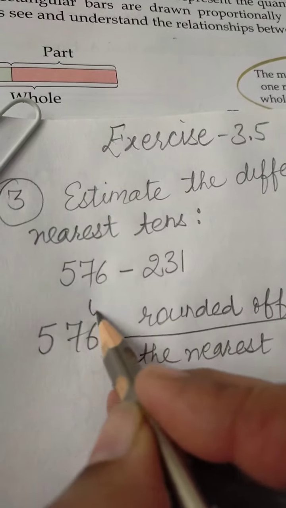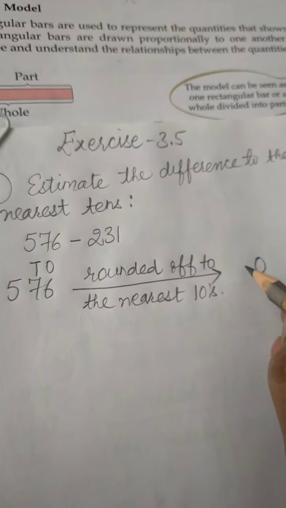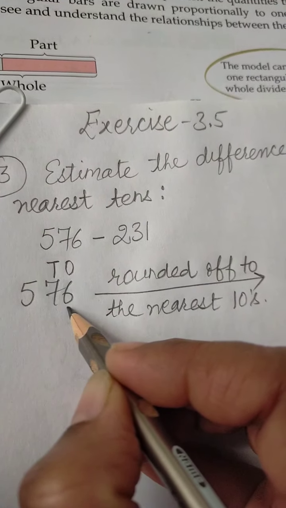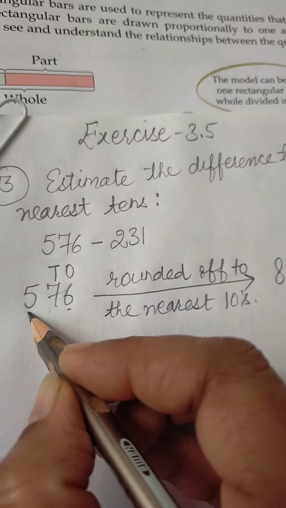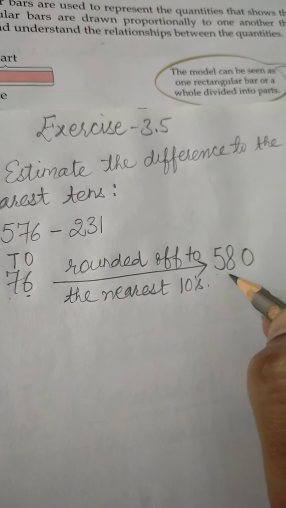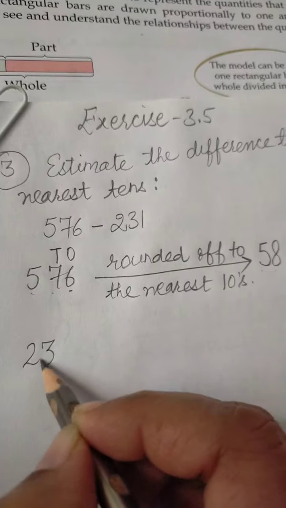Ones, tens. Ones place will be 0, and the tens place will be the next one. Why? Because the ones place digit is more than 5, so the tens place digit will become the next, and there is no role for the hundreds digit, so we will write it as it is. We got 580.